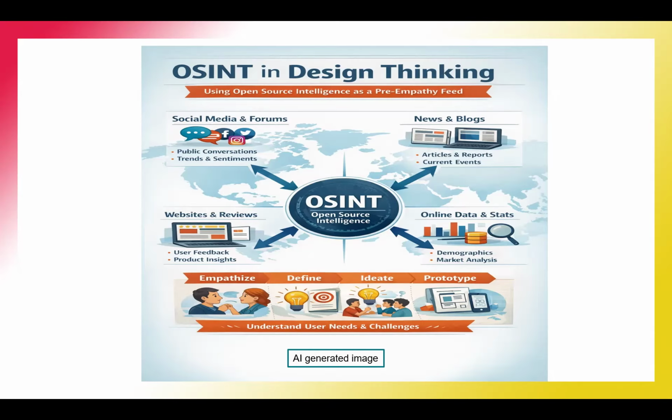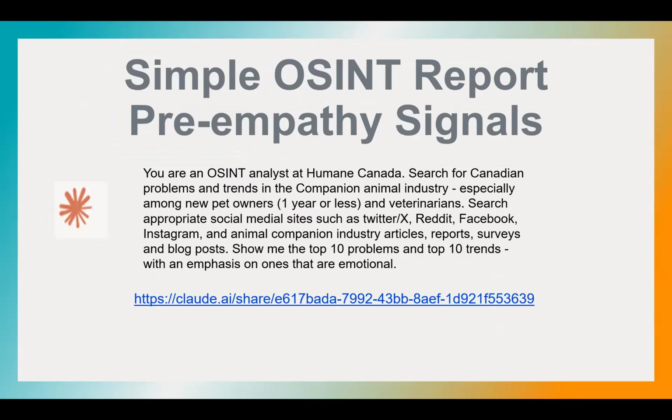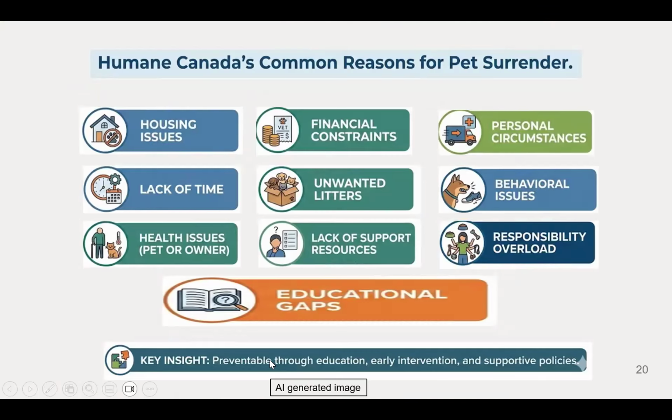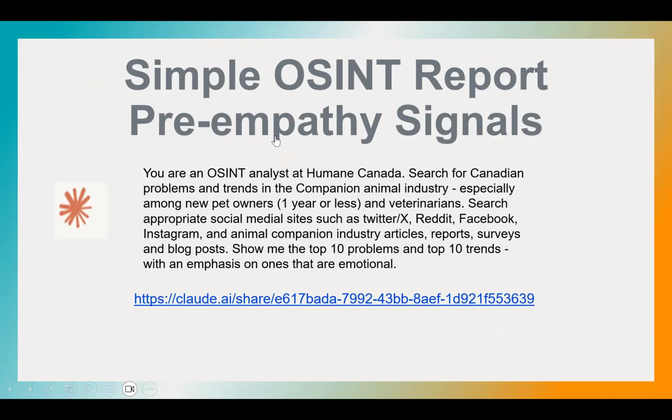So you have to use some critical thinking and scrutiny, but it is still a very valuable source, I find. Here you can go after social media and forums, news and blogs and websites and reviews, etc., and pull the data together to create signals and information that you can use. So here's a simple sample OSINT report to get pre-empathy signals.